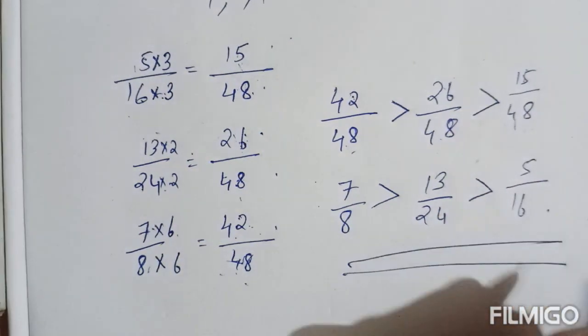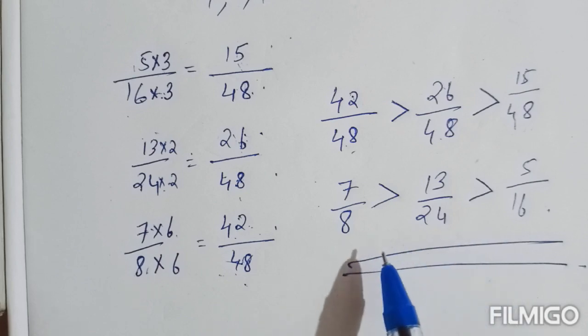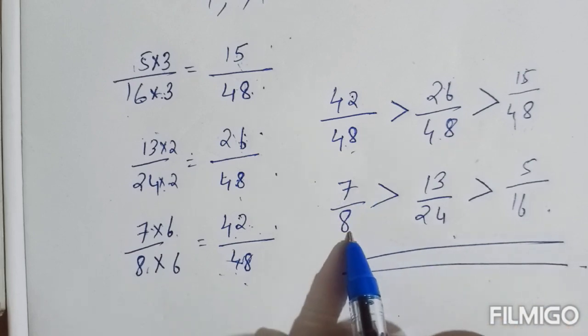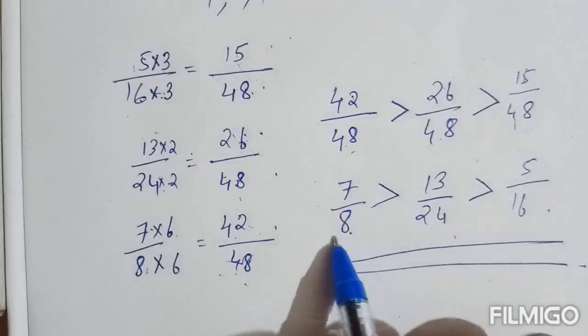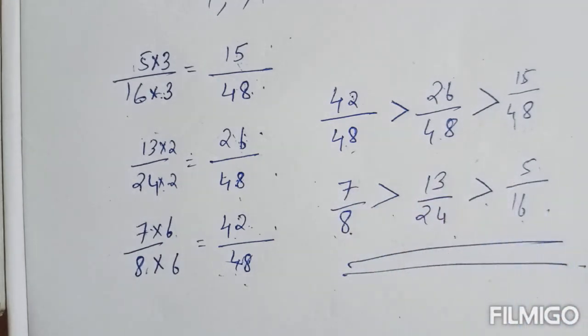So this is their descending order. 7 by 8 is the greatest fraction here. 7 by 8 greater than 13 by 24 greater than 5 by 16. Okay.